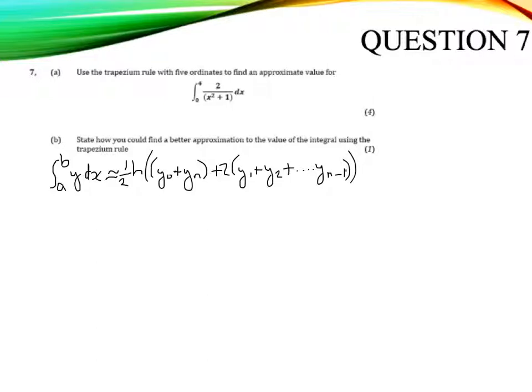Okay, and it also says that h is b minus a over n.